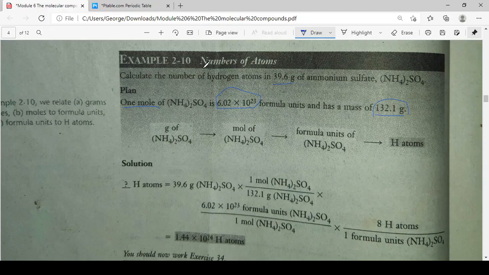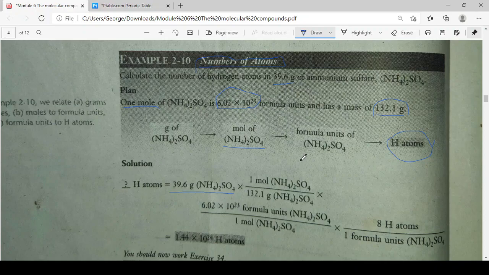So next, what do you have to do in order to calculate your number of moles? This is as follows. Kids, first you should write your given, which is 39.6 grams of your ammonium sulfate. Next, you write the grams of your ammonium sulfate. After that, you write your moles of ammonium sulfate, then the formula units, and it will equal your hydrogen atoms.